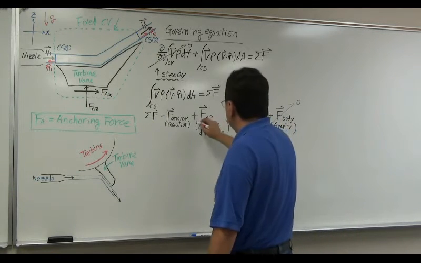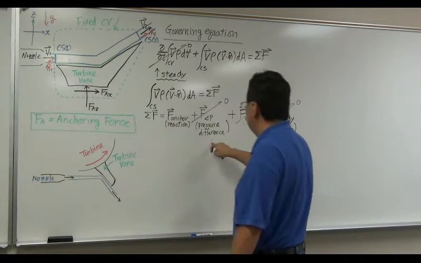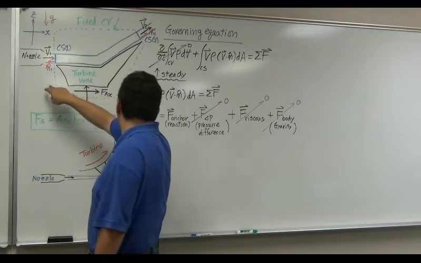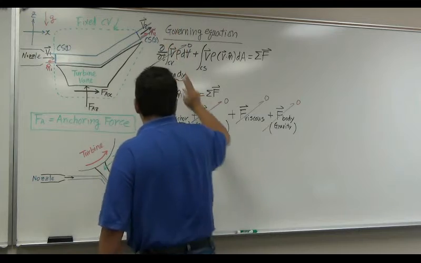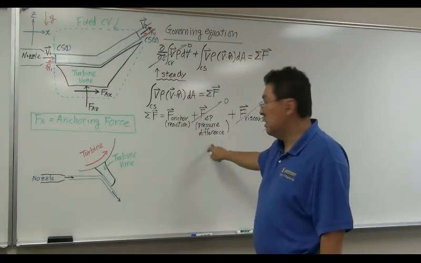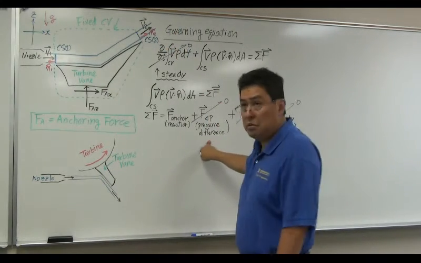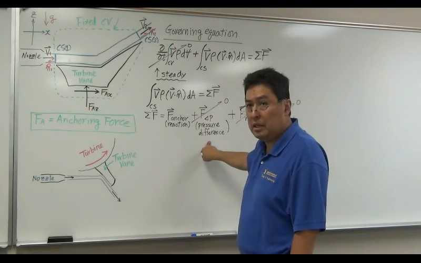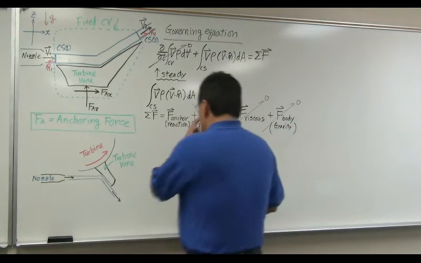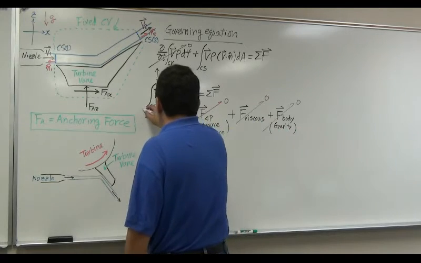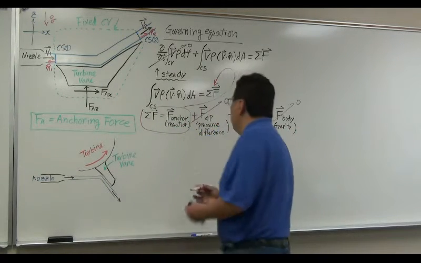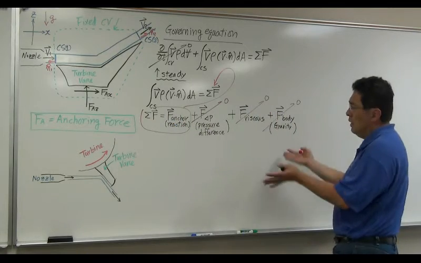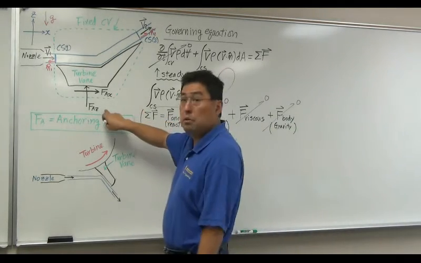And also, as I said, this is also zero, because as you take a close look at it, there is zero gauge pressure everywhere. So there's no force created due to pressure difference between in and out. So really, in this problem, the only force you need to include on the right hand side of the equation is the anchoring force, which is those two.